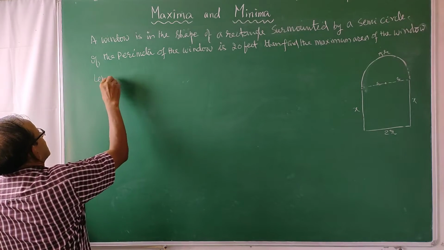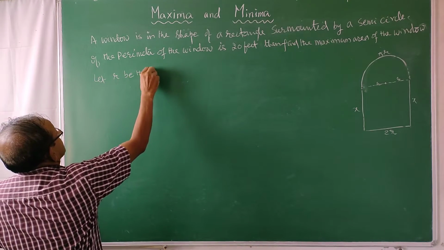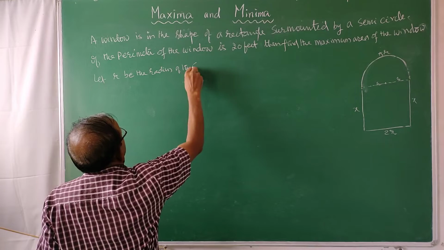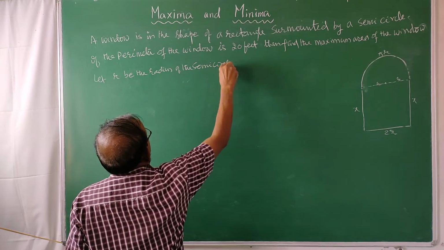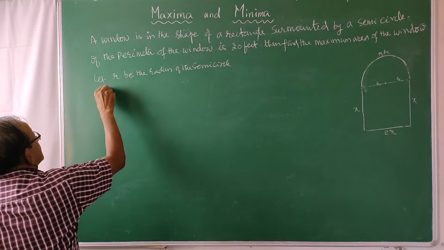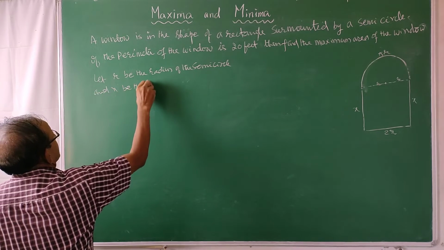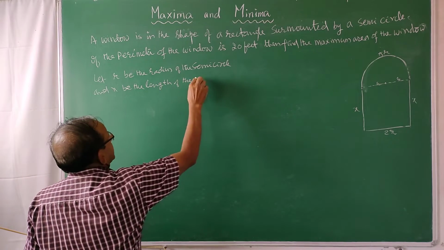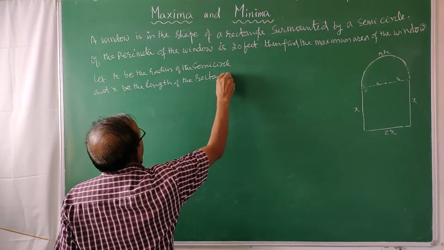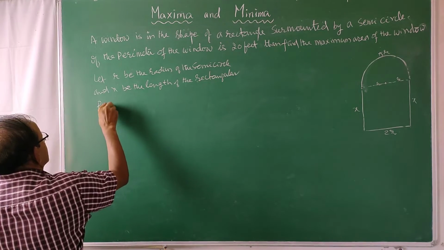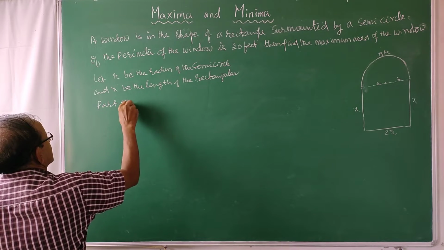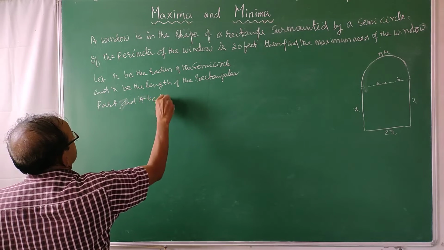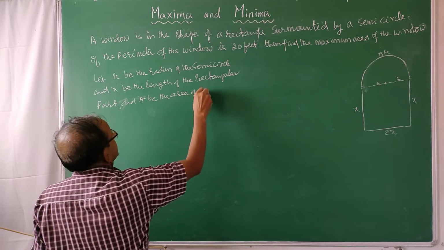Let r be the radius of the semicircle and x be the length of the rectangular part, and A be the area of the window.